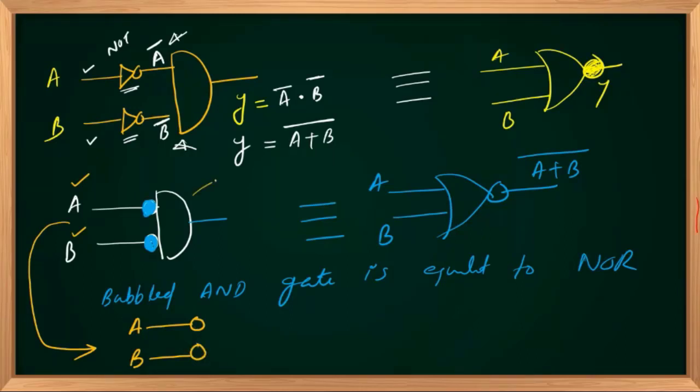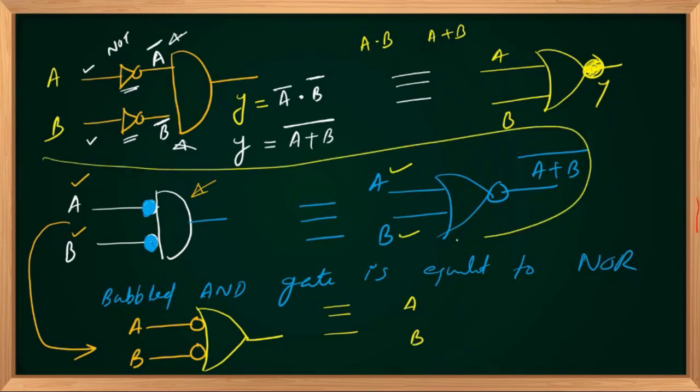Then the third gate is the AND gate. What is the dual gate of AND gate? AND is nothing but A dot B. What is the dual? A or B, correct? So I'm taking the dual of this. I got a bubbled OR gate. And I take the dual of my equivalency, the same equivalency. The variables A and B remain as they are.